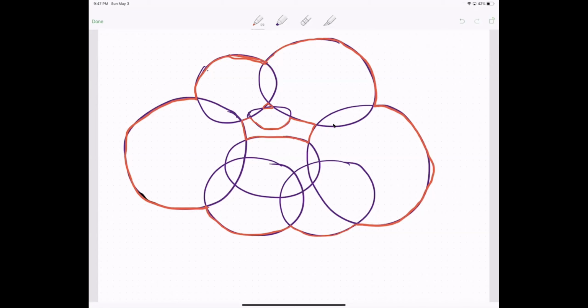And now with every disk, we'll associate a center point. This is D3, this is P3.